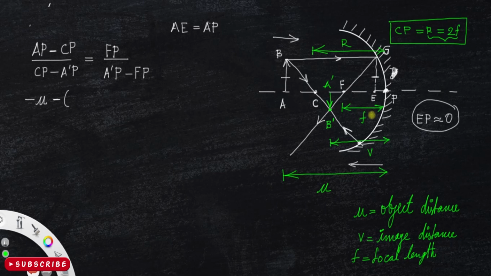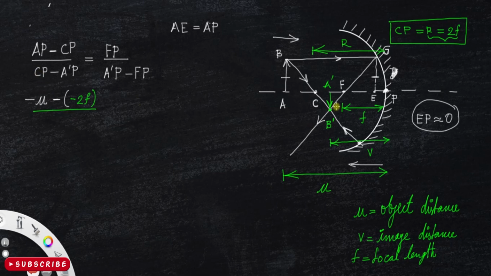And also, the F is on the left hand side, so I have to write minus 2F. The focal length of a concave mirror is always negative. Okay. Or its radius of curvature is also negative.